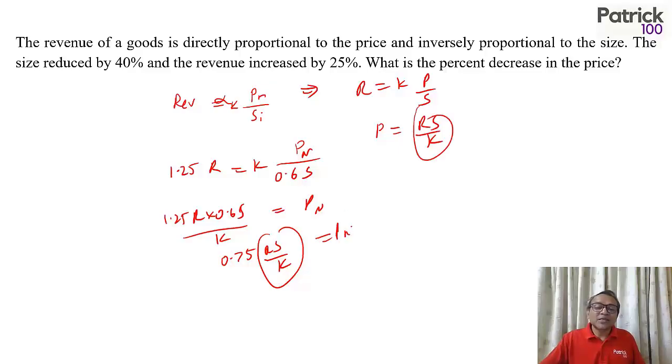So the new price is 0.75 times the old price, which means a 25% decrease.